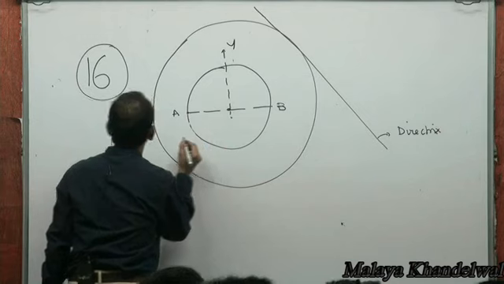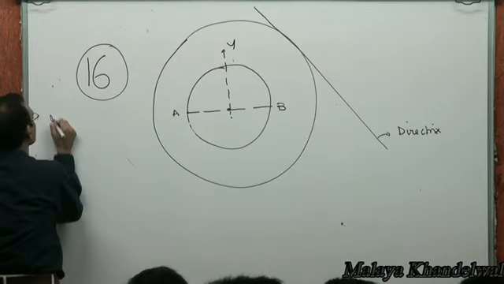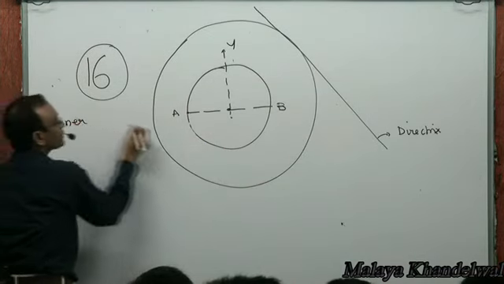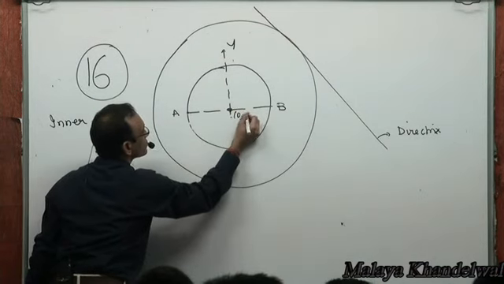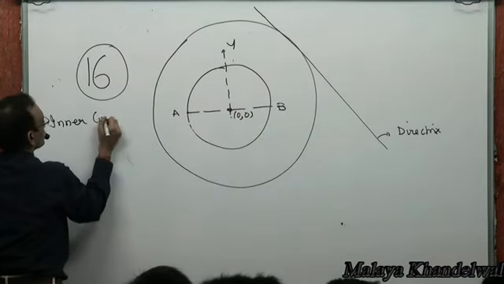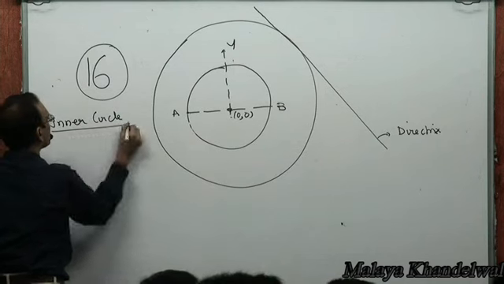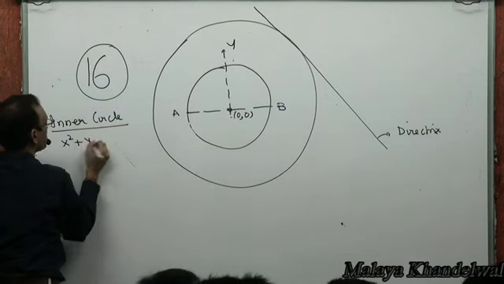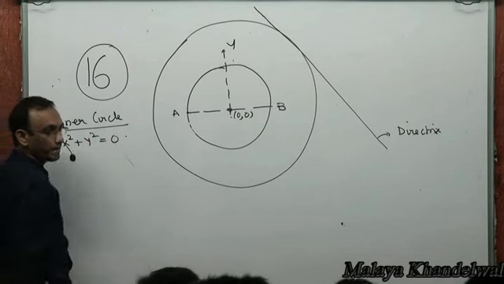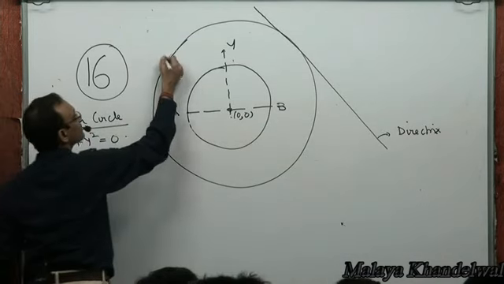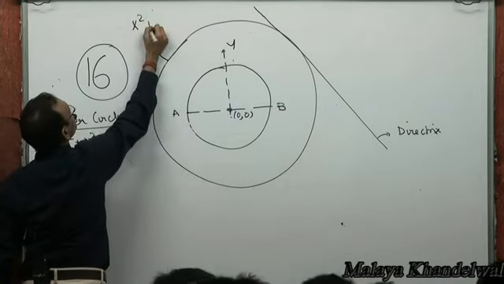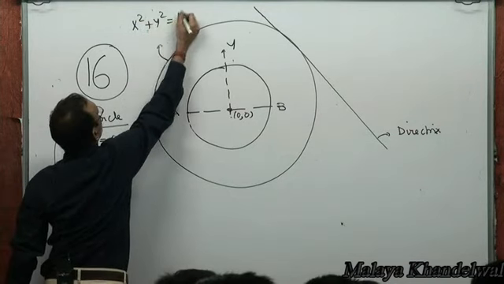Then the equation of the inner circle of radius A, its center being the origin, is going to be x squared plus y squared equal to a squared, right? The outer circle's equation is going to be x squared plus y squared equal to b squared.